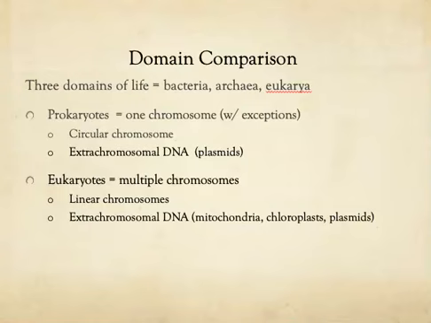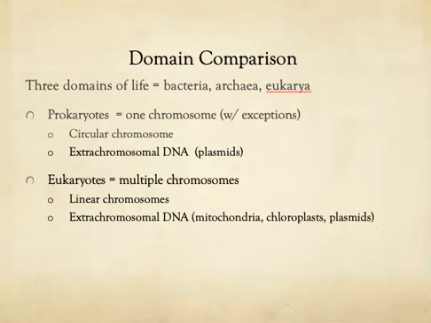We said that bacteria and archaea are considered prokaryotes. They have 1 chromosome inside their cell. There are a couple of exceptions to that, but most prokaryotic organisms have one circular chromosome. That's their genome.